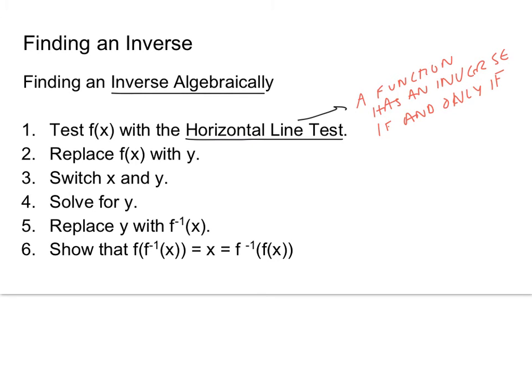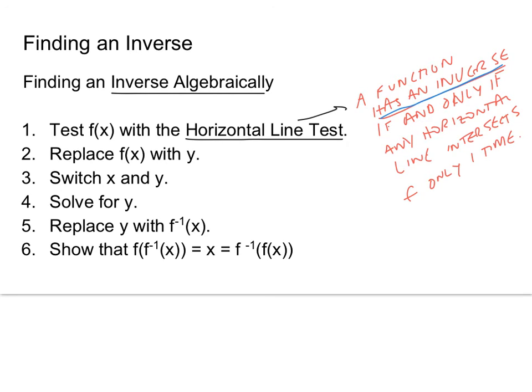So any horizontal line intersects f only one time. So much like the vertical line test, the horizontal line test just tests for having an inverse.